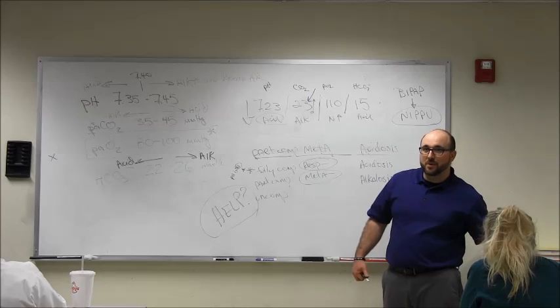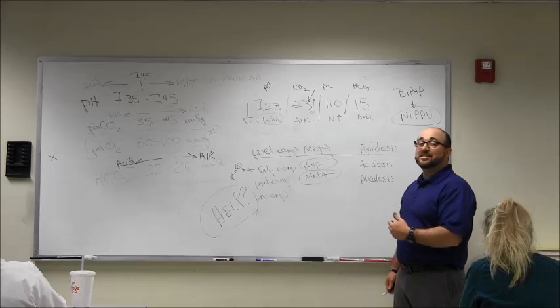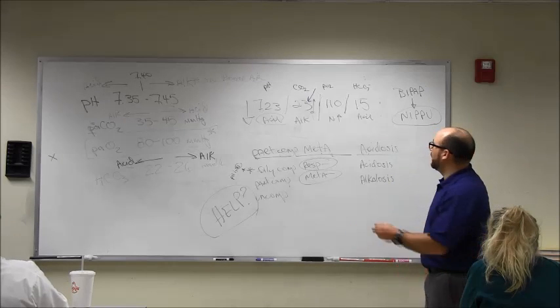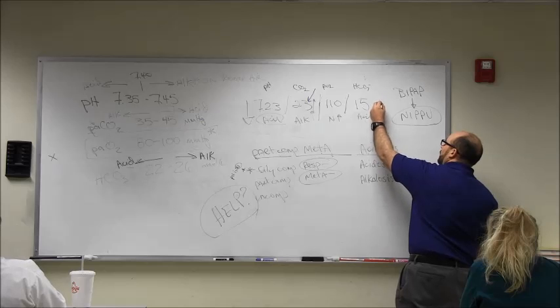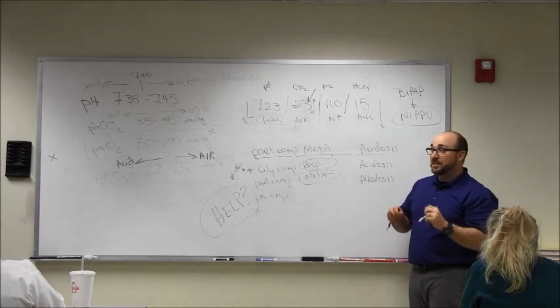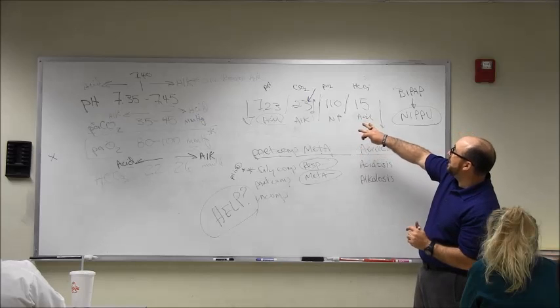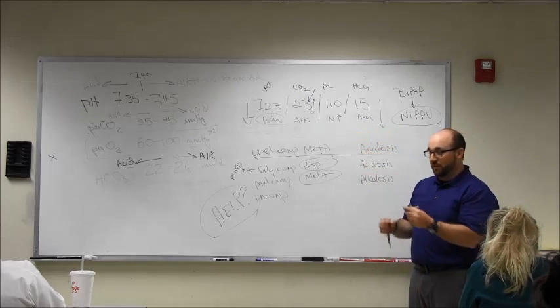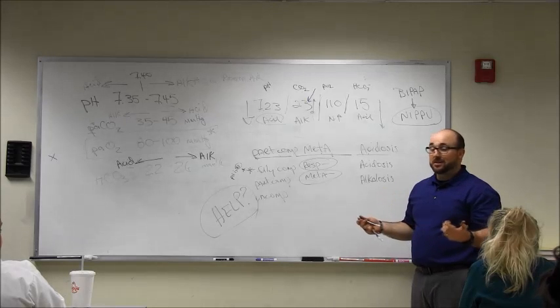Your muscles release what? Lactic acid, right? We've all had sore muscles before. Lactic acid is released, and guess what happens? This number starts to drop even farther. So our DKA patient is breathing really fast and starts to wear out. When this falls, the pH is going to fall even more.